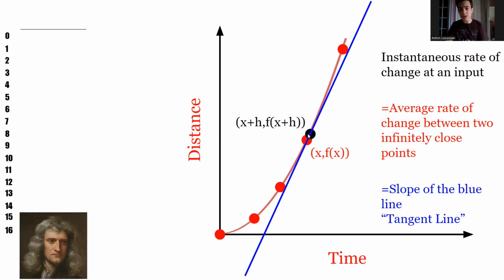And then this black point is x plus h, comma f of x plus h. So the input is nudged by h, and the output is also nudged by some difference that depends on h. And notice that we want h to be really, really small, because then this black point approaches x, comma f of x. If h equals 0, then it is x, comma f of x.